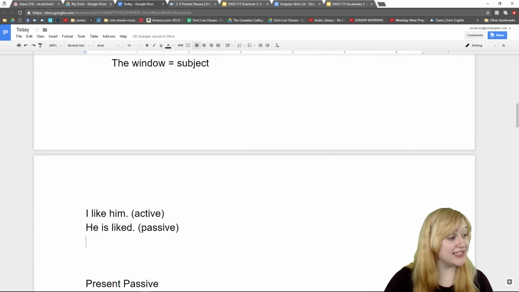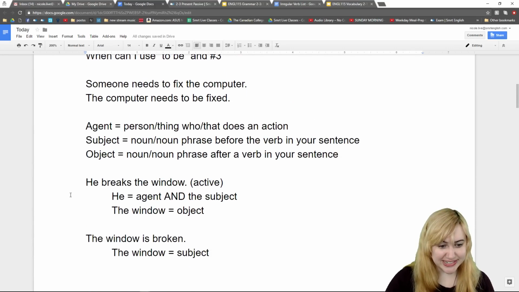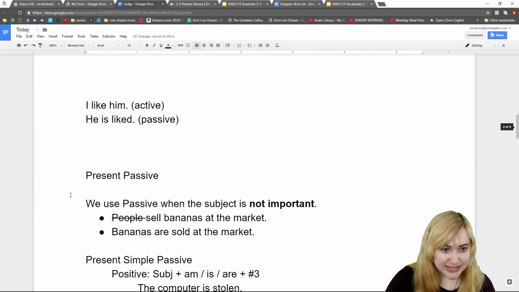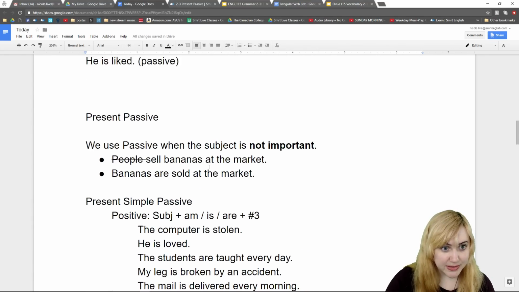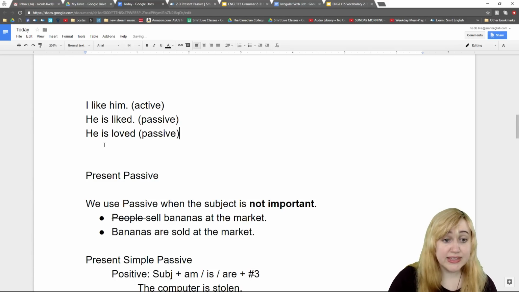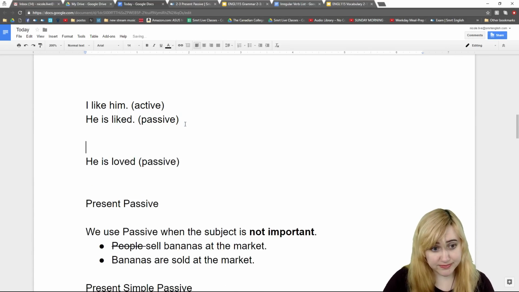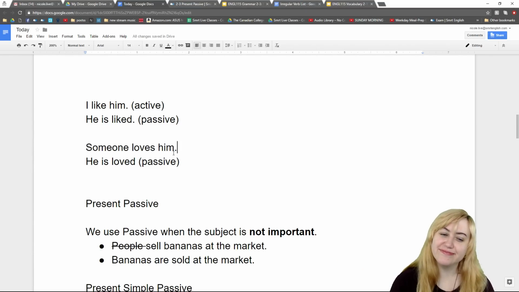Oh, so Gobinda asked, what is the active form of he is loved? Okay, that's a good question. So where is that one? He is loved is passive. I'll put that here. The active form is just someone, I don't know who, someone loves him.